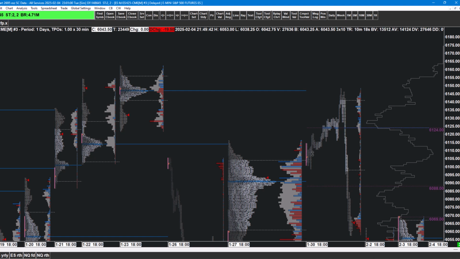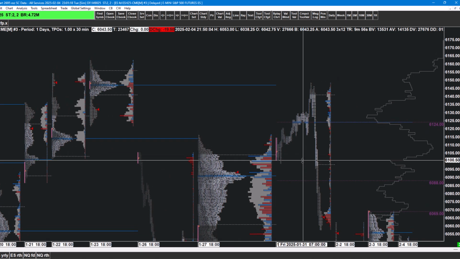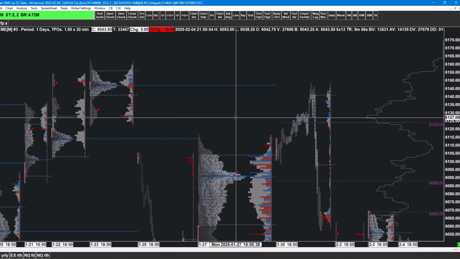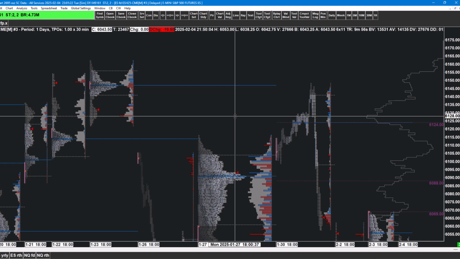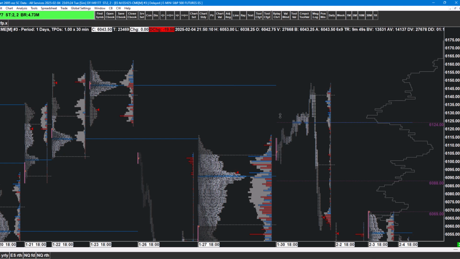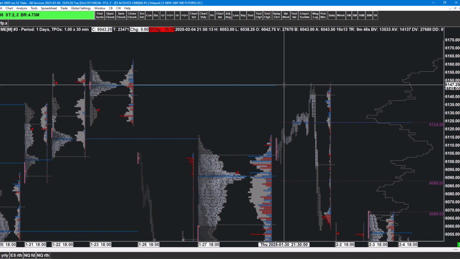Now using that, there's two things we're going to do. We're either going to accept into this, maybe target this, take the point of control and balance here, do something in there, or we're going to fail to auction there, and we're going to reject. What did we do? All right, so I had two levels. I had one here, one here.